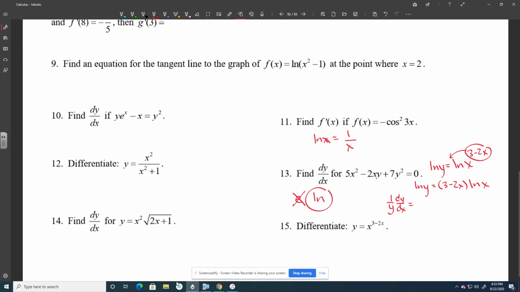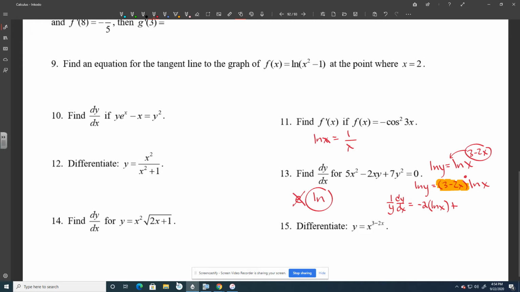And that's going to equal, right here I've got a product rule. I've got this multiplied by natural log of x. So the derivative of the first, and let's maybe highlight this for you a little bit, the derivative of the first is negative 2. And we multiply that by the natural log of x. And then we have to add the derivative of the second.